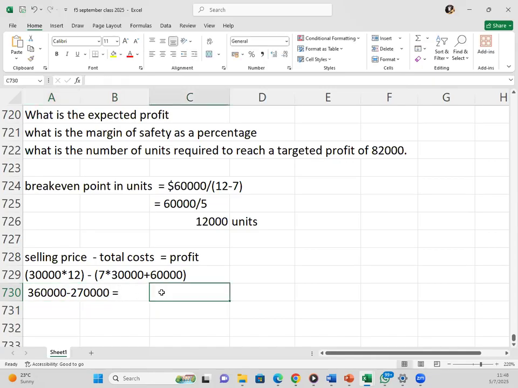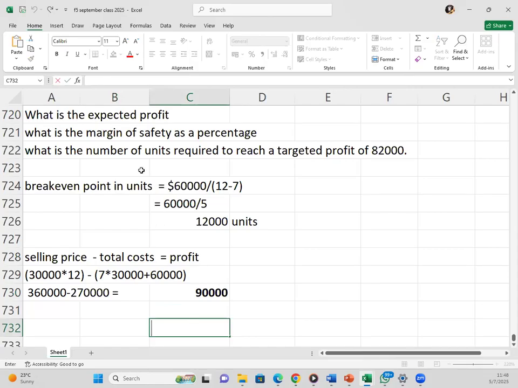That's 90,000. So the profit currently is 90,000.